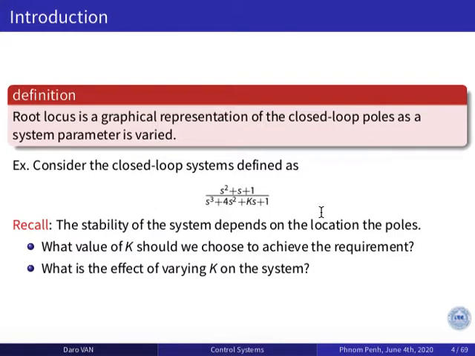And the question can also be asked, for example, what value of k should we choose to achieve the requirements? And what is the effect of varying k on the system? Root locus will be used to give us a plot of the location of the poles as a function of k, as we change the parameter value k.